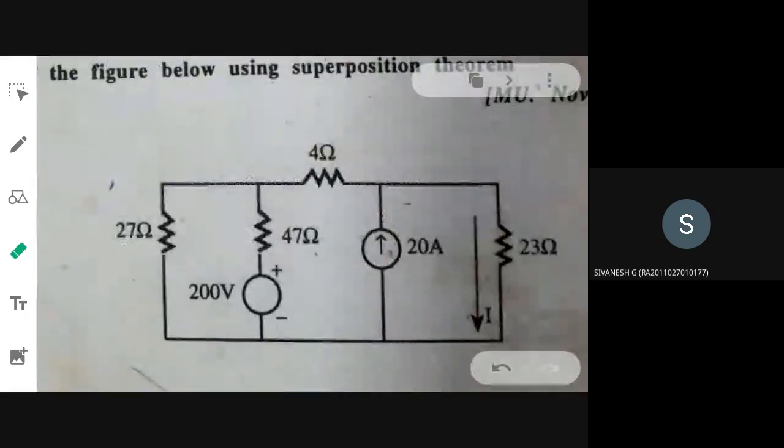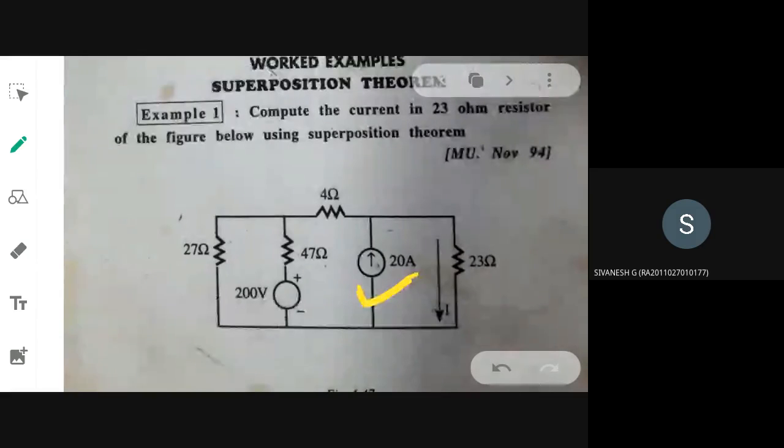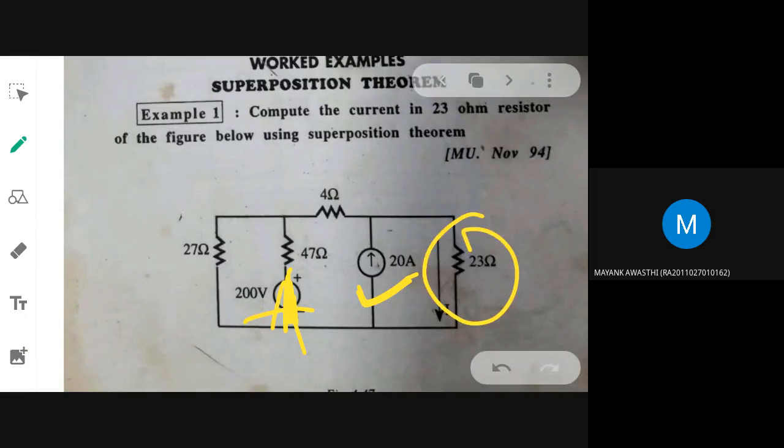Second case, in the same circuit, I will consider current source alone. So what will I do with the voltage source? When it comes to neglecting, killing, I need to short it. Okay. So I will short this circuit. Then I will find out again the current through 23 ohm by some methodology.